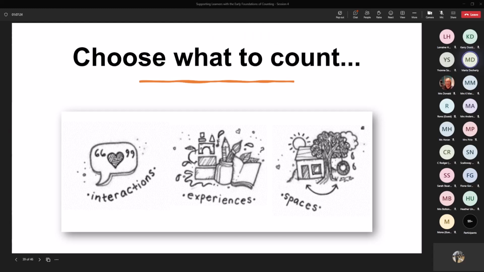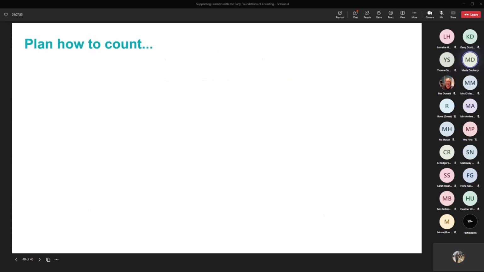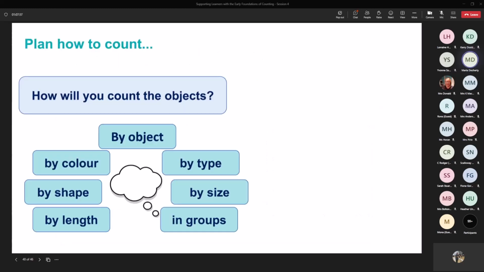Since Yvonne and I have been pulling this together, and I hope you'll find this too, once you start looking for collections, and it was the same when we spoke about subitising, you're going to start finding sources for good collections everywhere, and your children can really support this because they'll have ideas that can help you too. They might want to do their own counting collection in terms of what they're interested in.